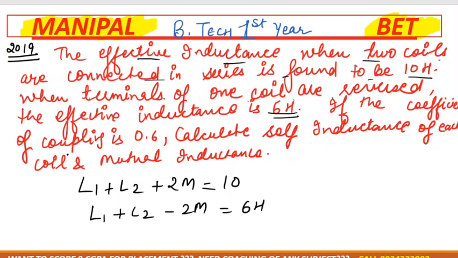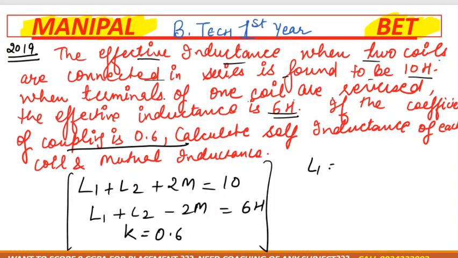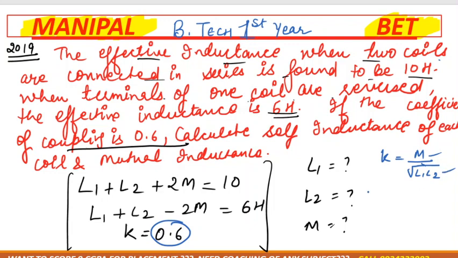If the coefficient of coupling K is 0.6, you have to calculate the values of L1, L2 and M. Now tell me, we have another formula: K is equal to M by root of L1 L2. K value is given, but we don't know M, L1 and L2. This is one equation; it's L1 multiplied by L2, not plus.